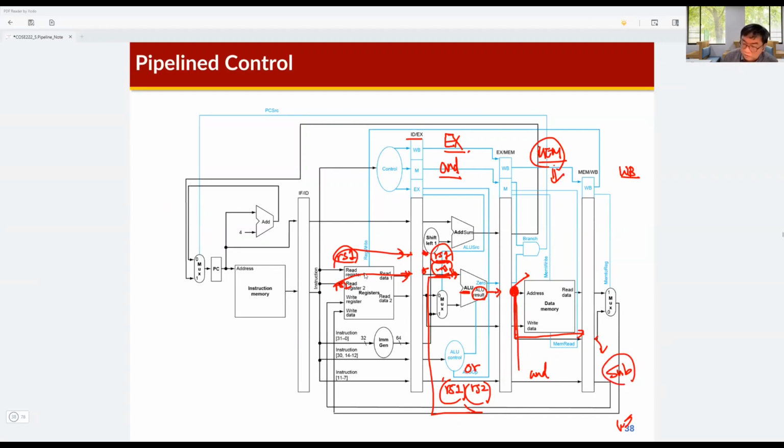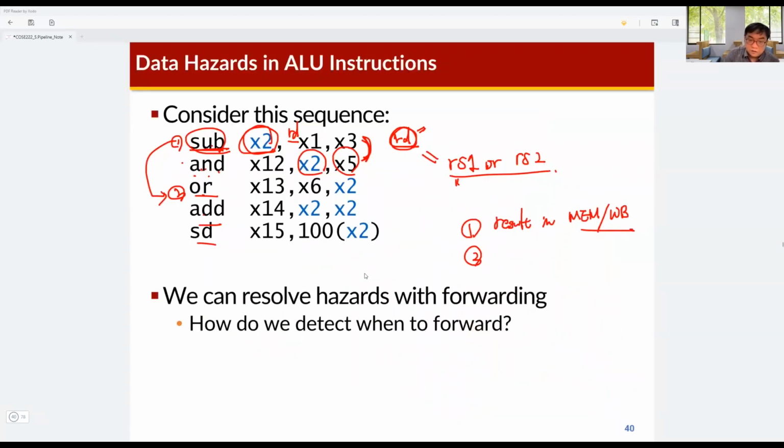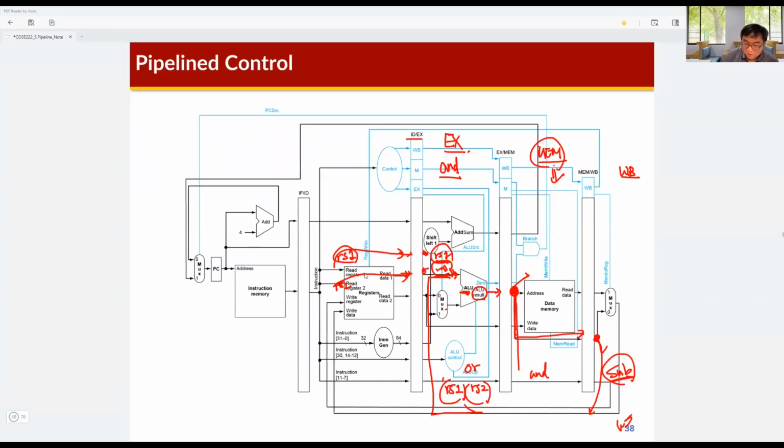What is the result of the sub instruction? This one. This should be forwarded to one of the inputs of the ALU. So in this example, we need to check the RD of this sub instruction and RS1 or RS2 of the OR instruction. Where is the OR instruction? The OR instruction is in the EX stage. The sub instruction is in the write back stage.